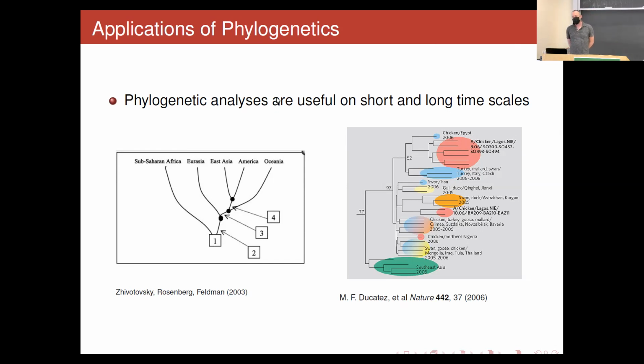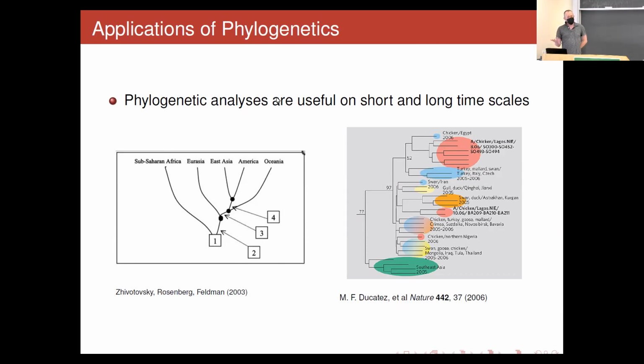They extracted some DNA sequences from people living in sub-Saharan Africa, Eurasia, East Asia, the Americas, and Oceania, and constructed a phylogenetic tree. That tree actually provides evidence for the out of Africa hypothesis. Sub-Saharan Africa is separate from the subclade that immigrated out of Africa.